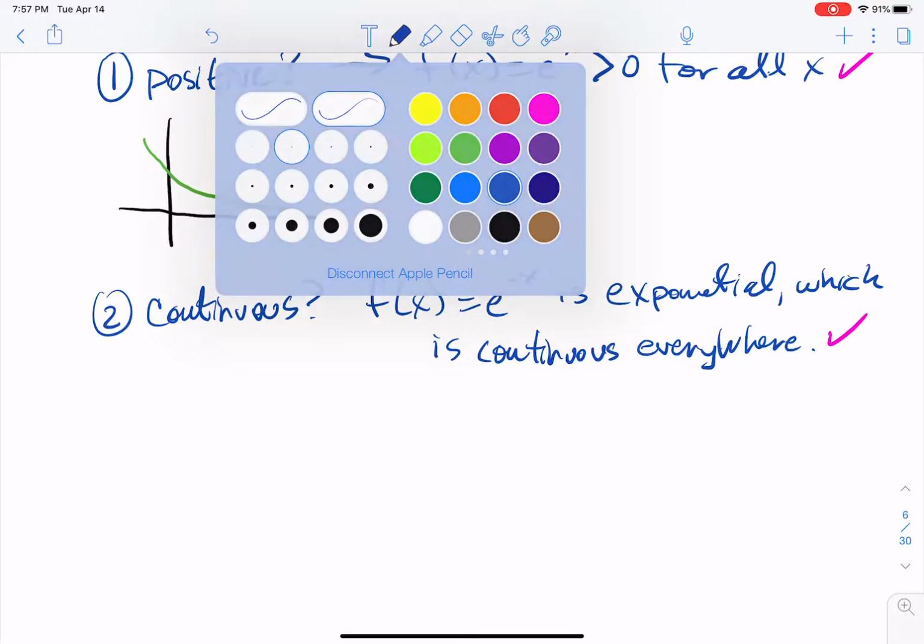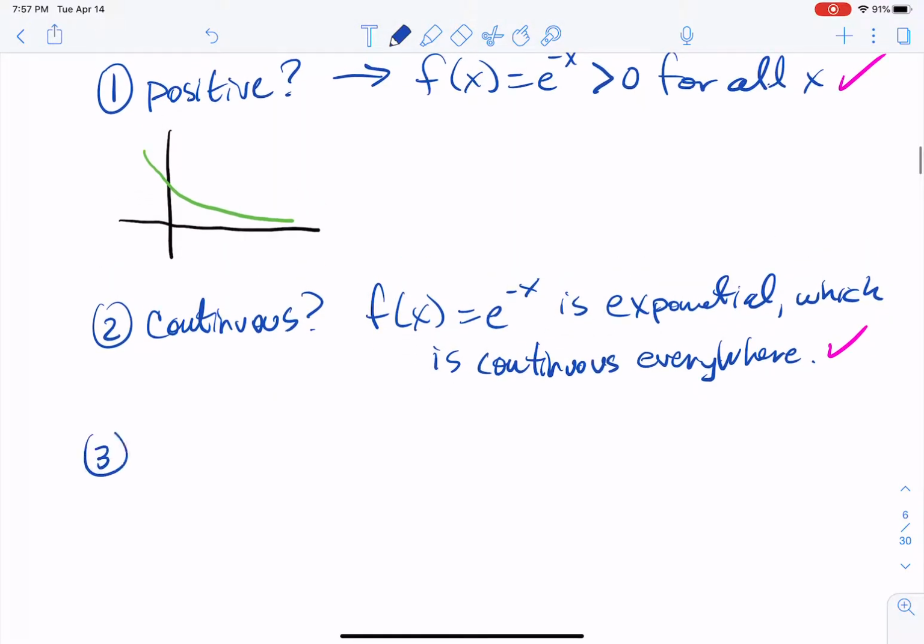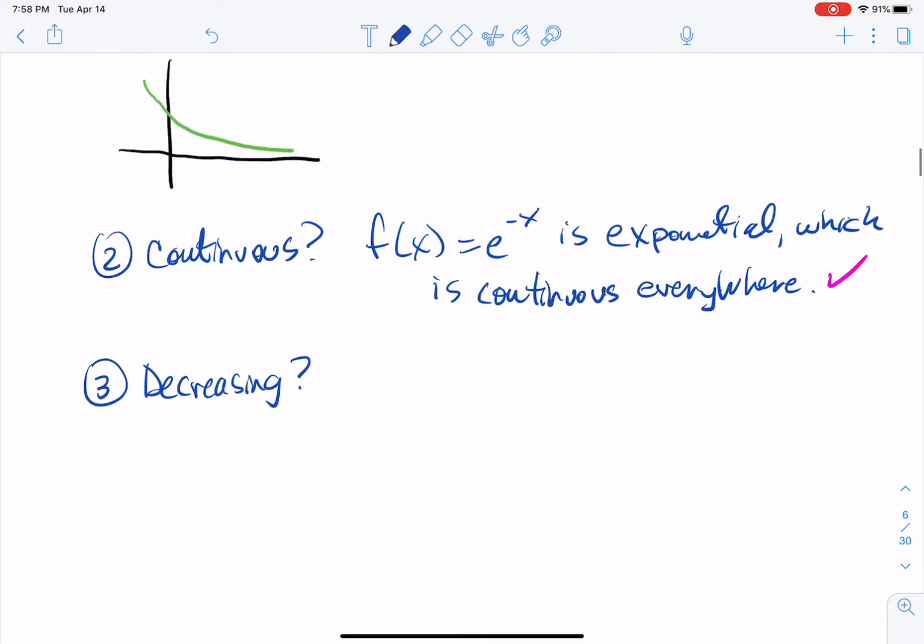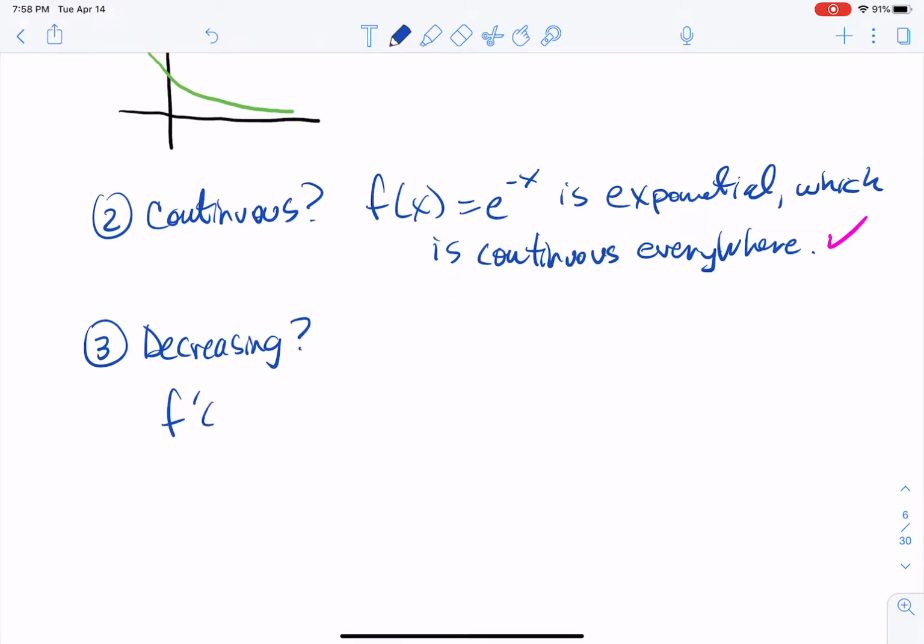Our last condition is decreasing. How do I tell whether or not a function is decreasing? I look at its derivative and see if it is positive or negative. So let's take its derivative. f prime of x is equal to e to the negative x times the derivative of the interior, which is negative 1. So it's negative e to the negative x. And remember, we just said that e to the negative x is always greater than 0, so it's always positive.